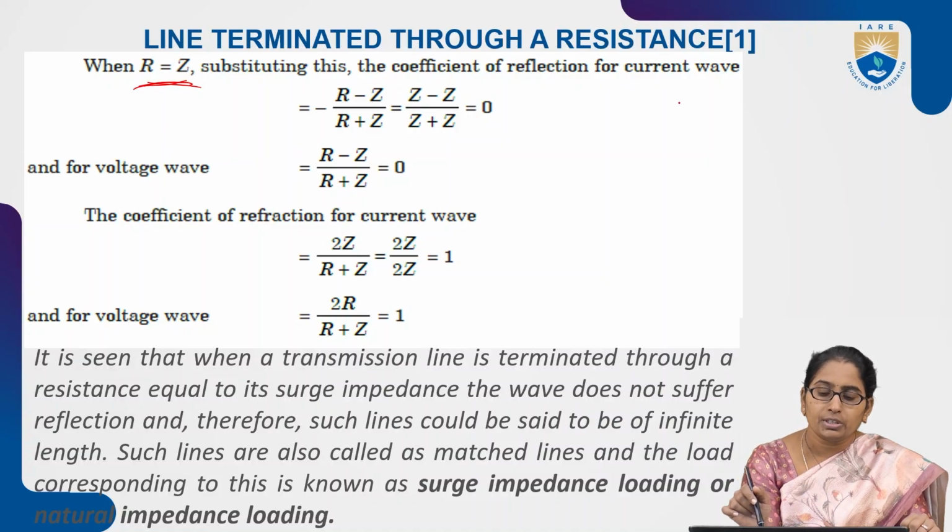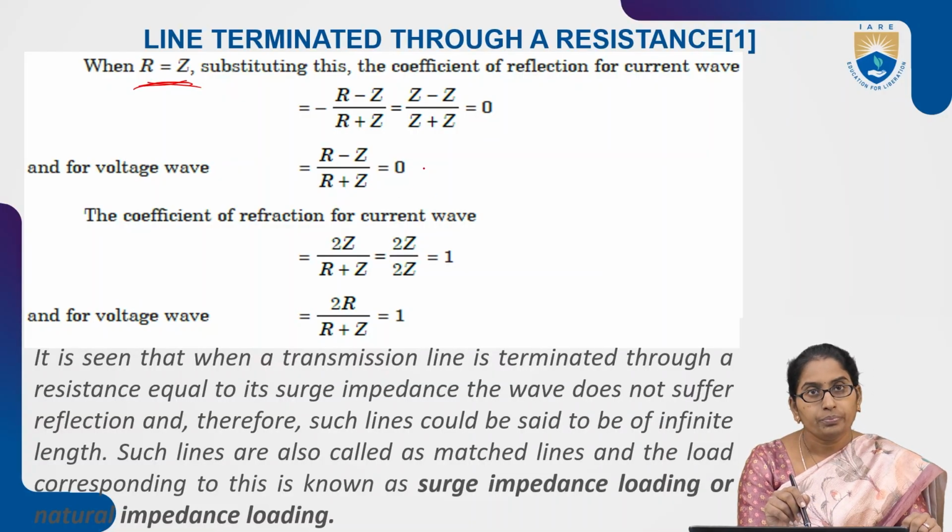First, the coefficient of reflection for the current wave, the equation minus R minus Z by R plus Z. Substitute for R: Z minus Z becomes 0. In a similar manner for the voltage wave, R minus Z by R plus Z, again 0.